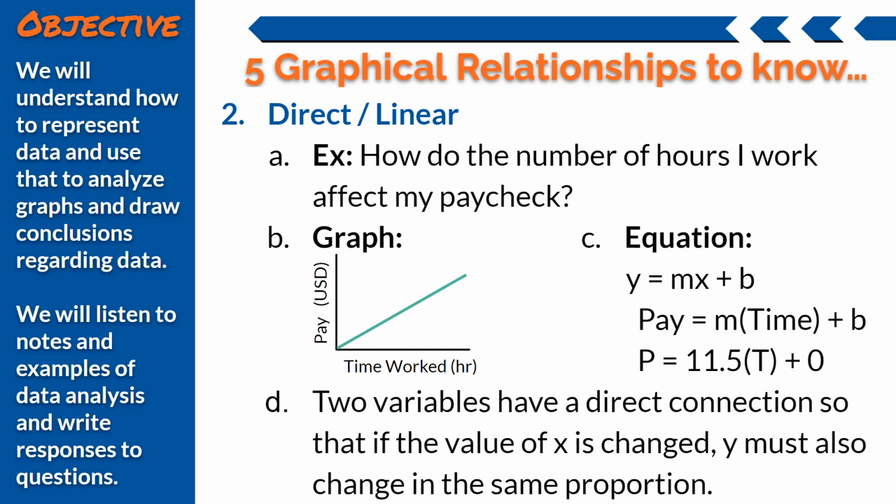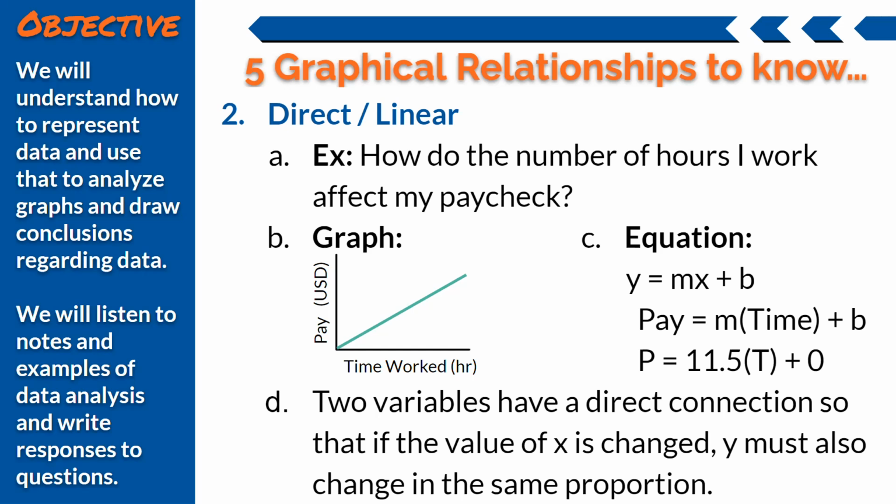Now, if I'm an hourly employee, I would expect my y-intercept to be 0, meaning if I work 0 hours, I make 0 money, which is why I put plus 0 here. In this case, my slope is my rate of pay. So this would be 11.5 if I made $11.50 an hour. That's what your equation would look like: pay equals 11.5 times time plus 0.